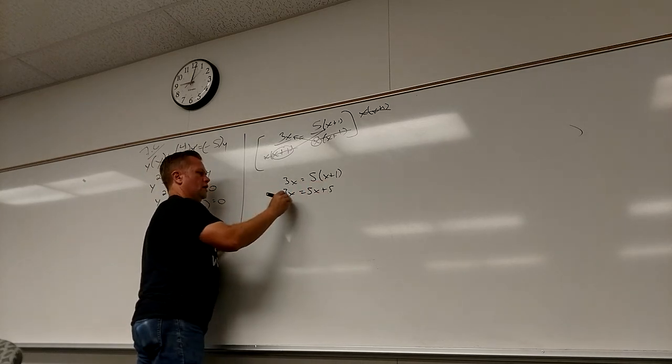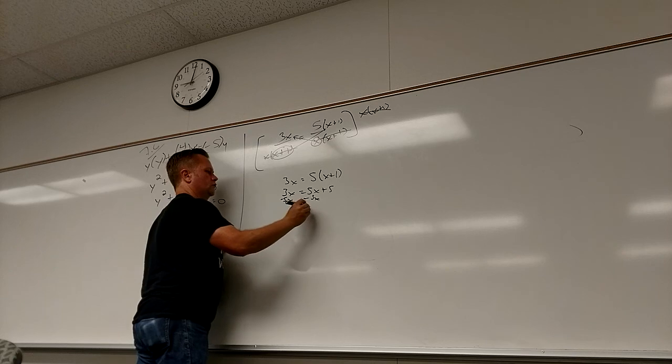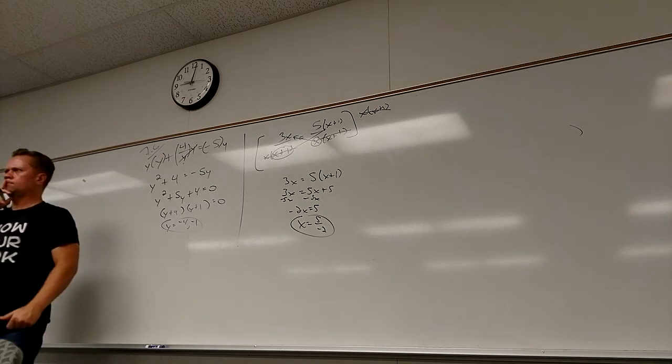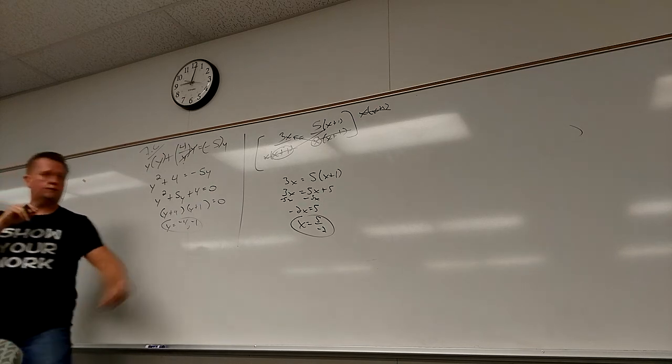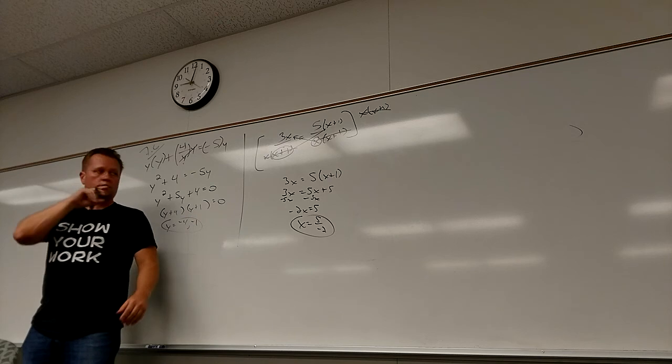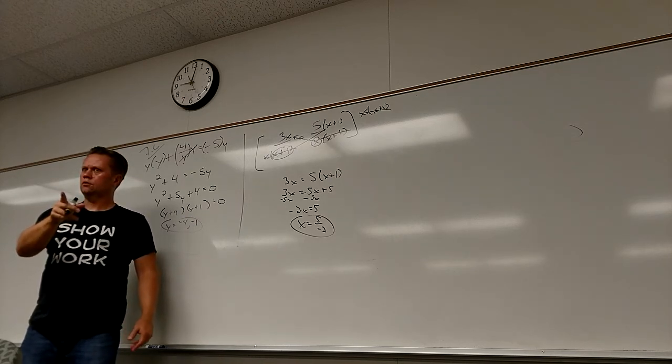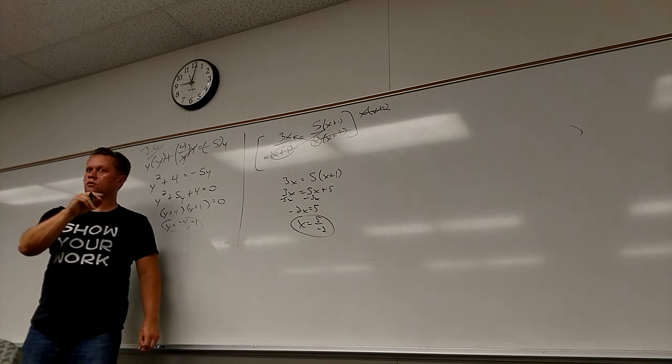Subtract 5x. Negative 2x equals 5. Divide by negative 2. So from here down, it better be easy. Is that all right? So when you cross multiply, you're just always going to bring them up.